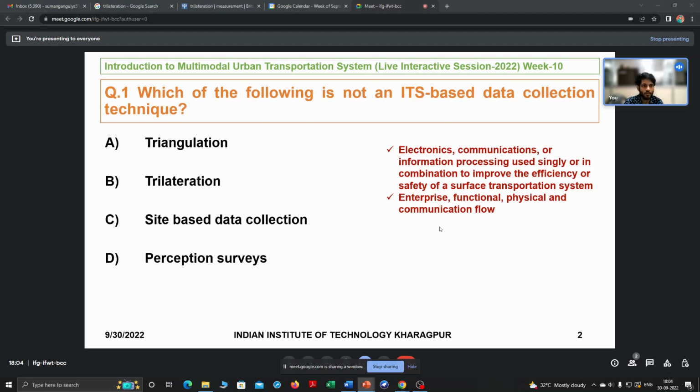So what is a surface transportation system? The surface transportation systems are those transportation systems which ply on roads, right? It may also be applicable to other kinds of transportation systems sometimes, but generally it is broadly applicable to surface transportation systems.